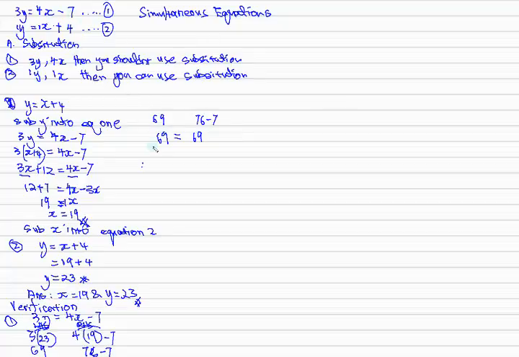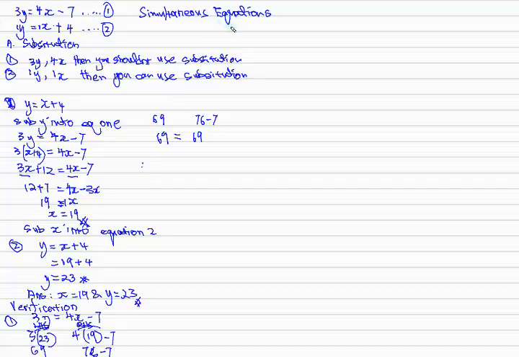So in this case, we put the answer back into the original equation, which is equation 1, and we found out that the right hand side is actually equal to the left hand side. So in other words, the answer that you get here, x equal to 19 and y equal to 23, is correct.